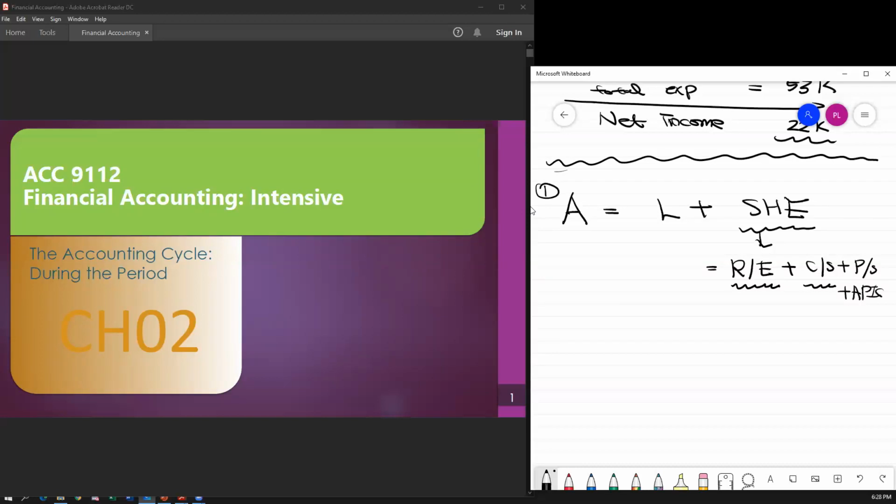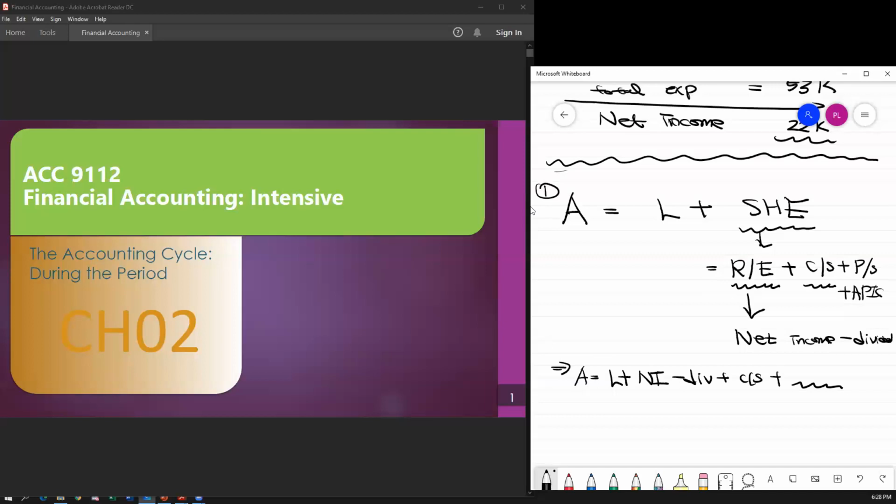Now, under retained earnings, you report a net income or net loss minus dividends. Okay, dividends. So if I write this number one equation into a full form, it will equal assets equals liability plus net income minus dividends plus common stock plus all sorts of other items.